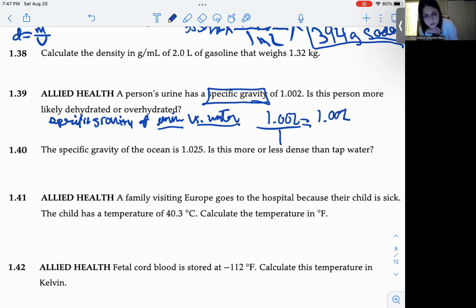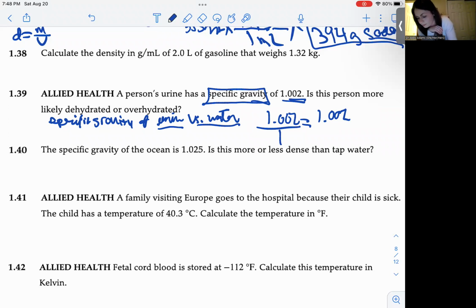So you know that's 1.002. And it's important to understand that if somebody is dehydrated, there's going to be more particles dissolved in their urine. It's going to be heavier. So the higher this number is, the more dehydrated that person is. And it helps you to understand a range. So 1.002, that's pretty close to 1. That's pretty close to water, for the specific gravity.